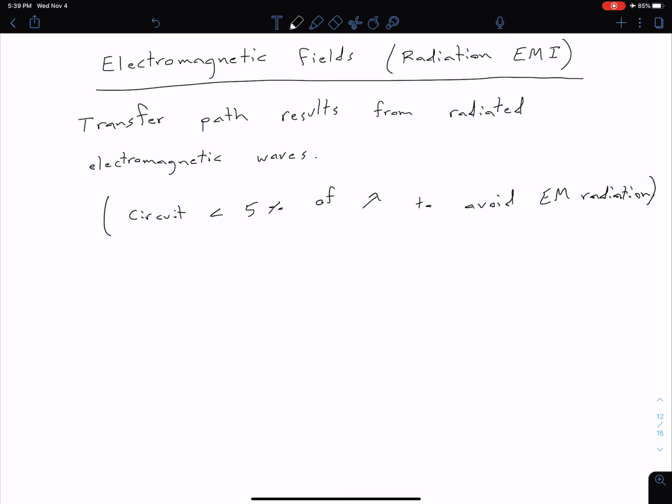So one thing to note about this electromagnetic fields, or this radiation EMI, is that it's not going to be as localized as our capacitive and inductive EMI. And so that's what we looked at in our previous two videos when we considered our electric field and our magnetic field respectively.